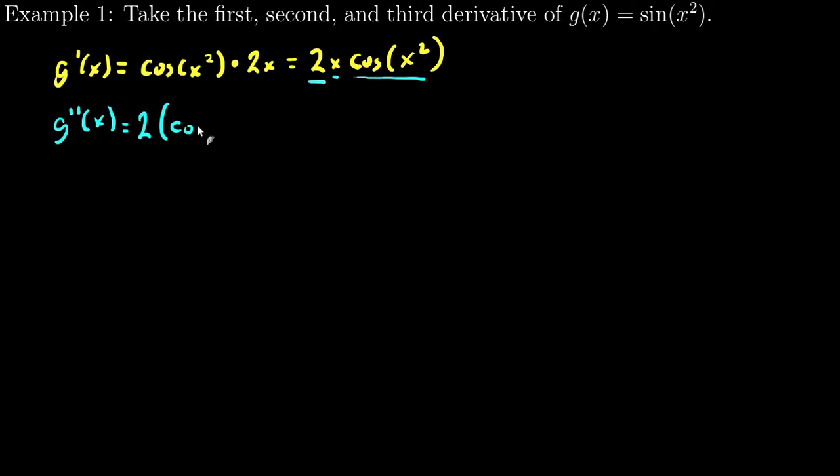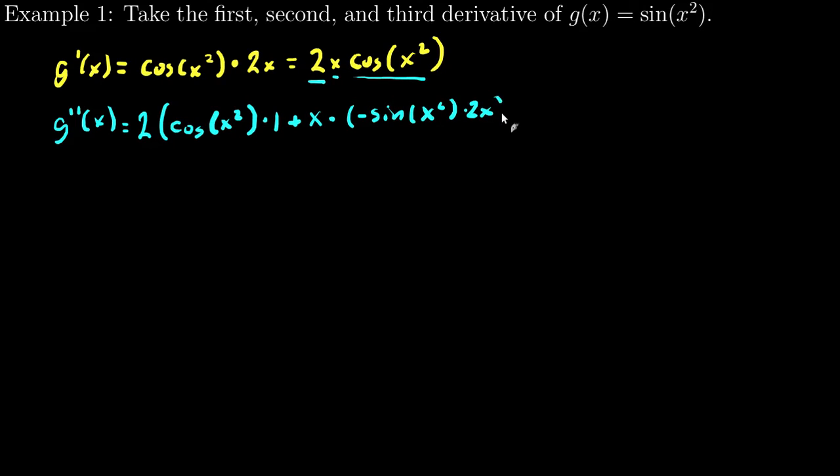So cosine of x squared times the derivative of the first function, 1, plus the first function, x, times the derivative of the second function, which is going to be negative sine of x squared times 2x.